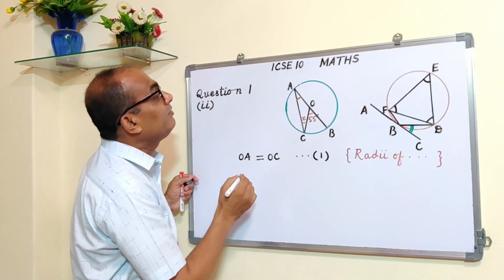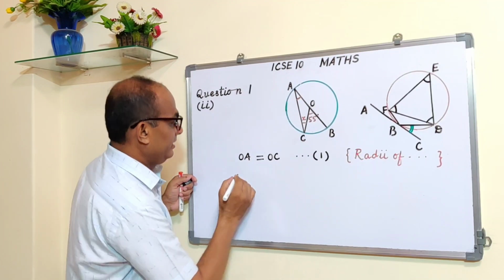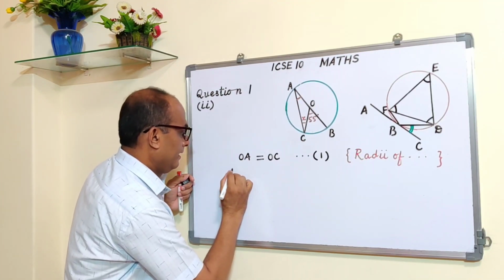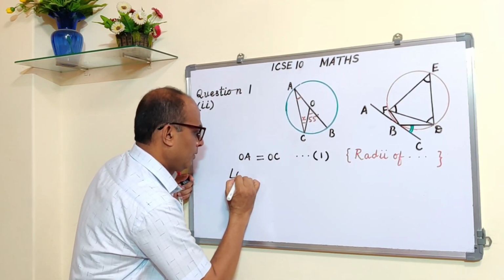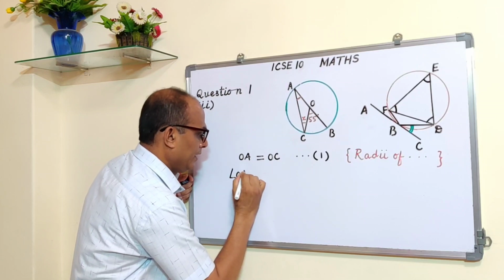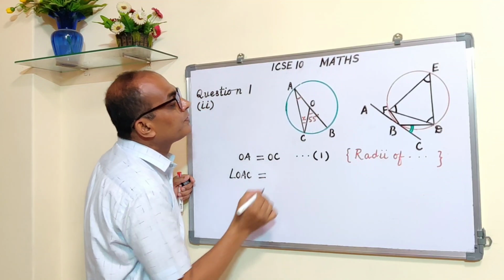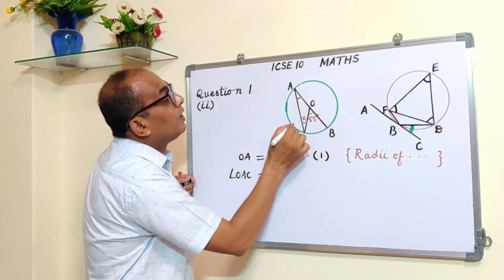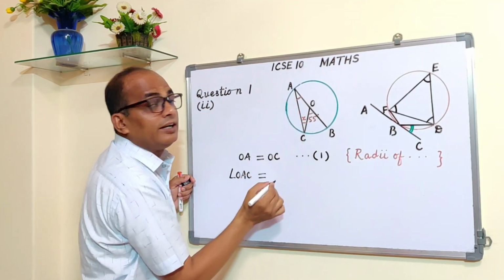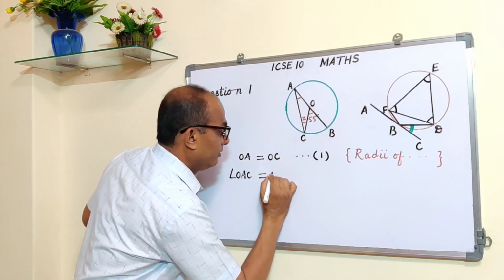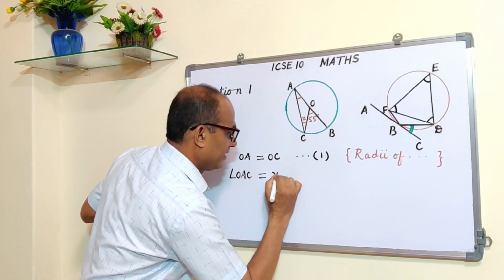So we can write angle OAC is equal to angle OCA, or directly you can write x. Angle OAC is equal to x.